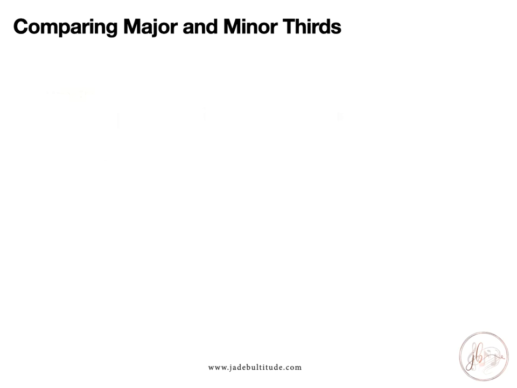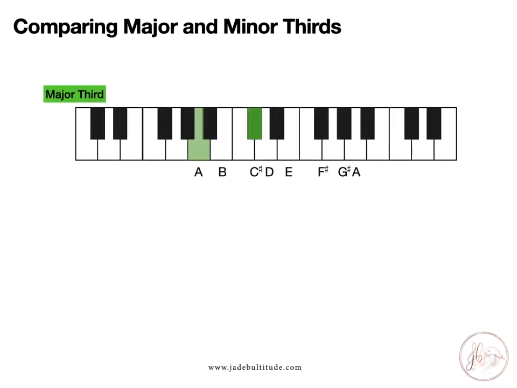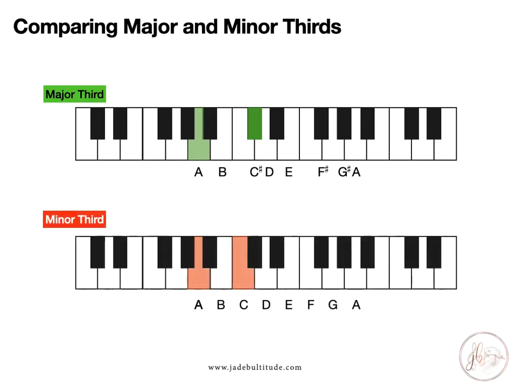Let's compare the major and minor thirds. So our first one here on the piano is A to C sharp. This is our major third. And below here we have A to C natural, which is our minor third.